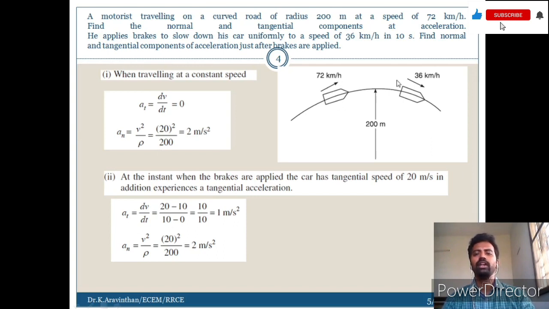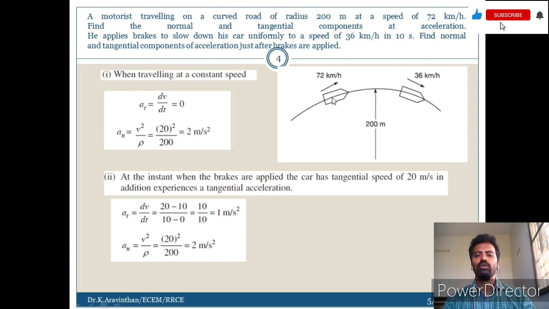between these periods, so there is a change in speed over the period. So 72 km per hour to 36 km per hour. If you convert into meter per second, this will be 20 meter per second and 36 will be 10 meter per second. So the difference here is 20 minus 10.